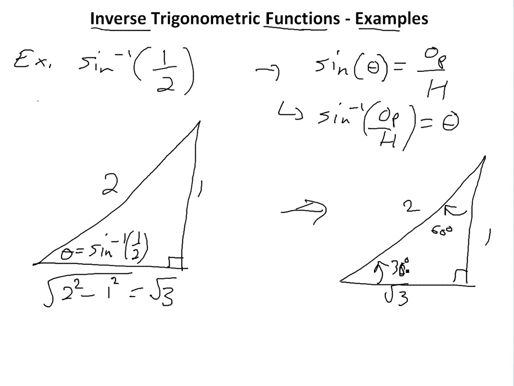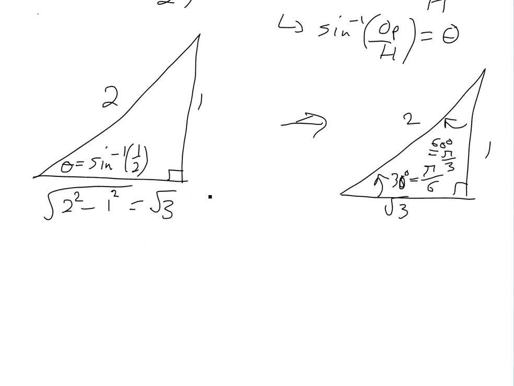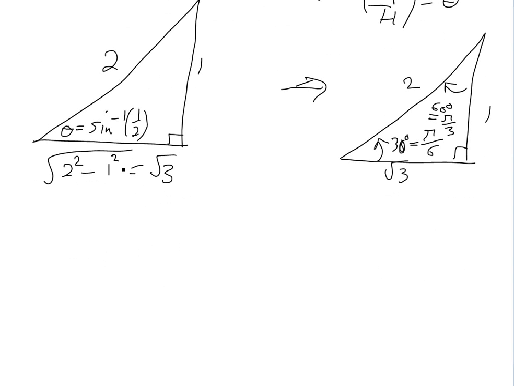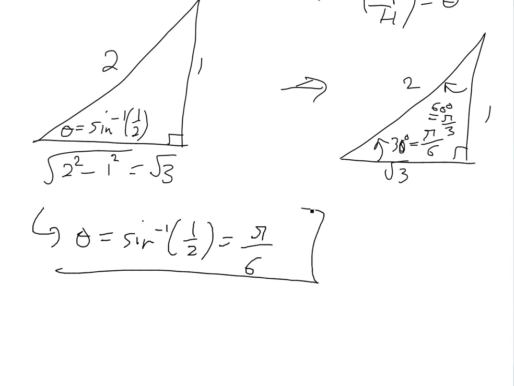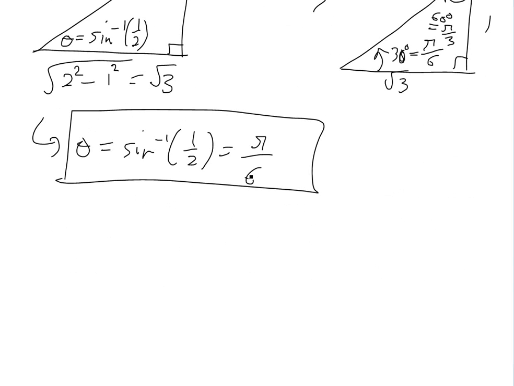In radians, this one is pi over 6, and this one is pi over 3. You can watch that video to see it. So from the trig identities, this angle is just going to be pi over 6. So that's our answer.